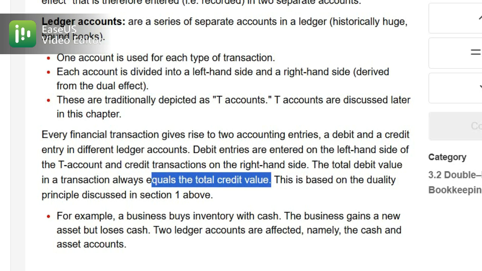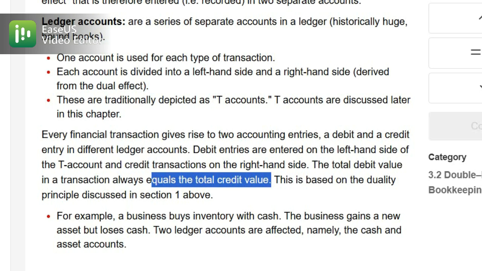The first one is your inventory account. The inventory account will be debited with the amount of 10,000 because you are increasing an asset. If you look at the cash account, because you are paying cash, the cash account will be credited, as you are reducing your cash.